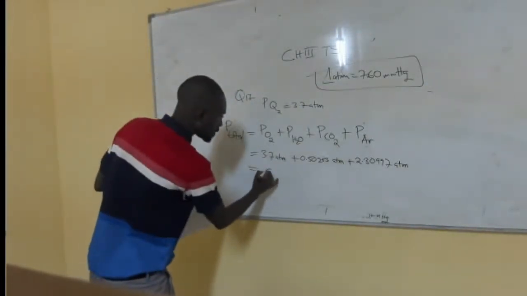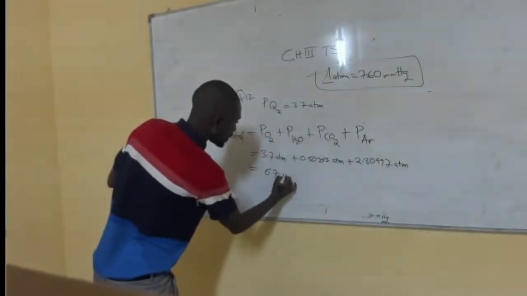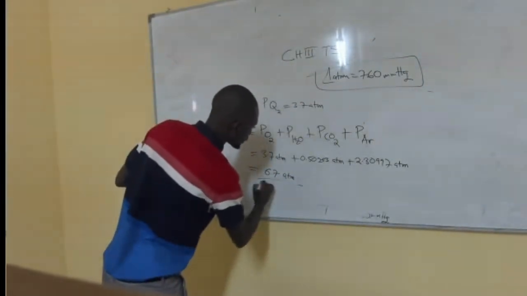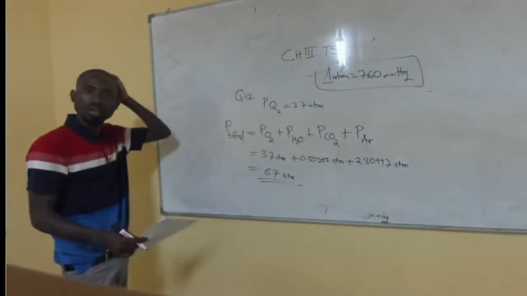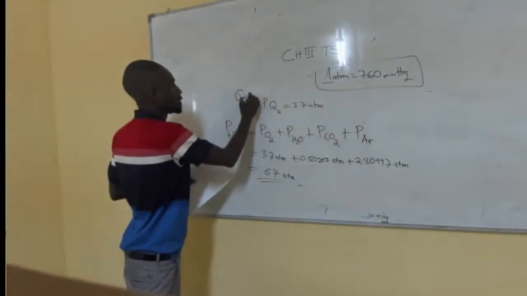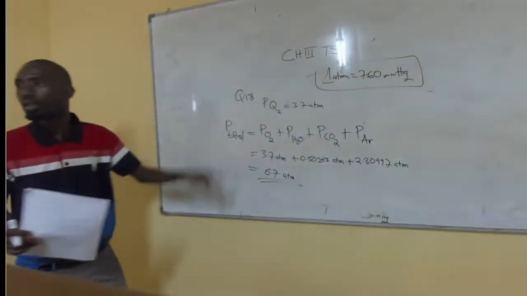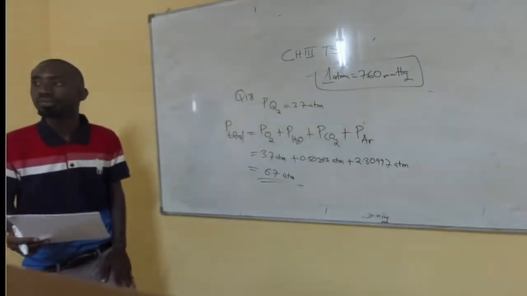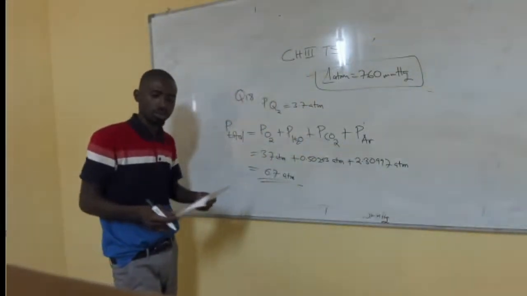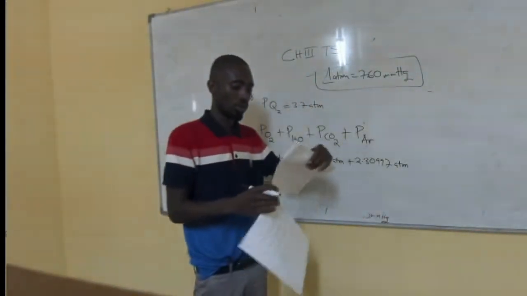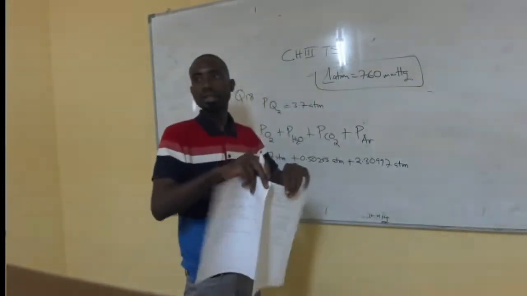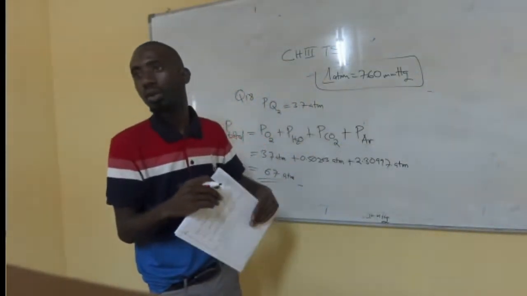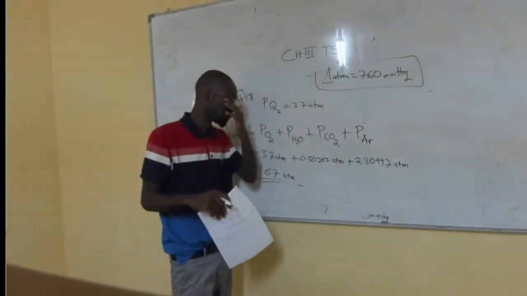Should give us 6.7 atmosphere, I'm sure. So then you'd have calculated. This is the answer for question 18. So when you refer to that, then at least you'd have gotten the values.